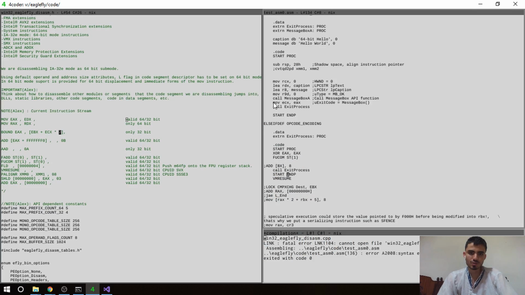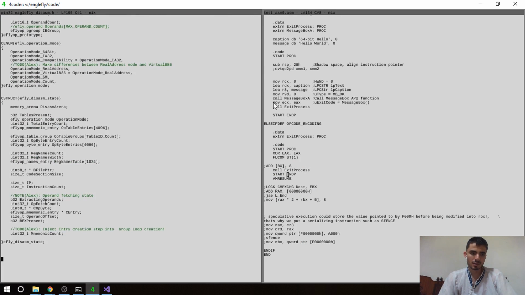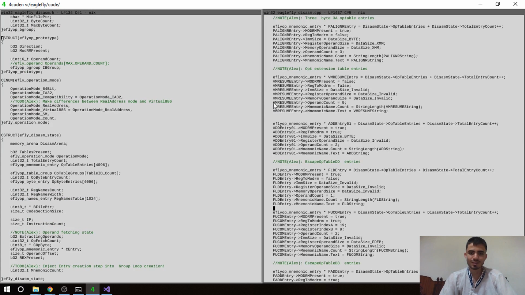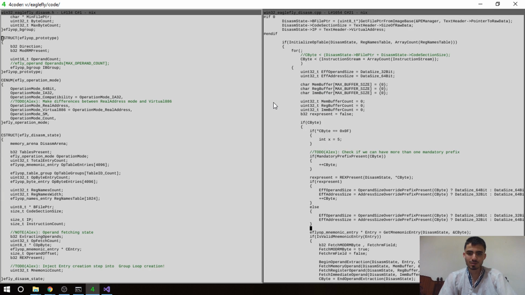We can find a way to do that. On the C++ side, we just have to say something there, like, hey, we don't disassemble that stuff, or we just go past that instruction, which would be the case.